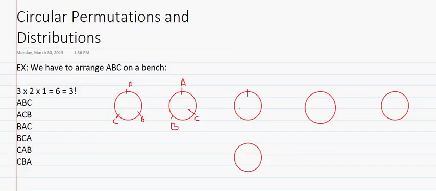Then it would be BAC: B here, A here, and C here. So if you see, this one and this one are same.